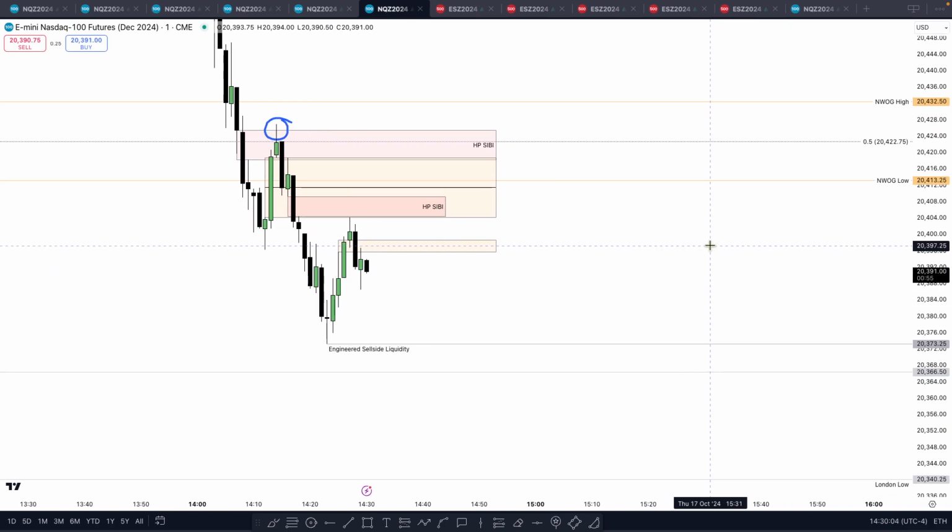It's important to remind yourself, yes, we're seeing weakness. Yes, we're seeing clear engineered sell side liquidity, but we still need to wait for that setup if it's going to come during the 250 macro to suggest that we're going to continue at that time and go lower. In other words, you don't get trigger happy.